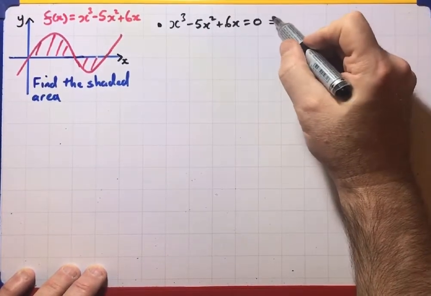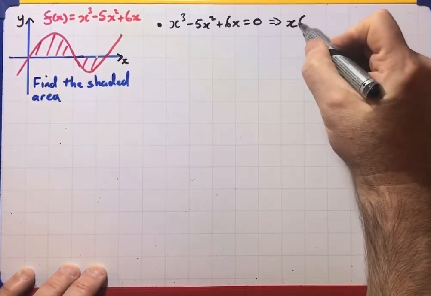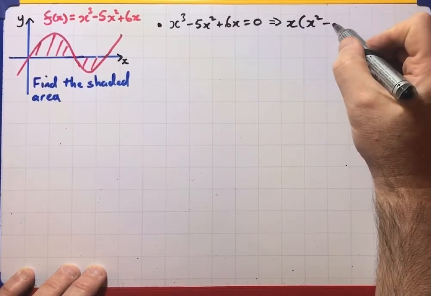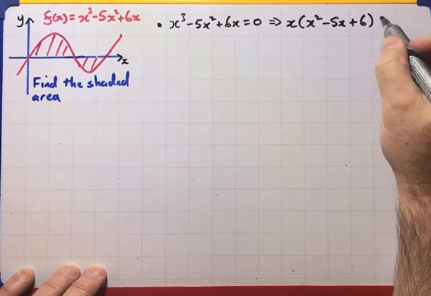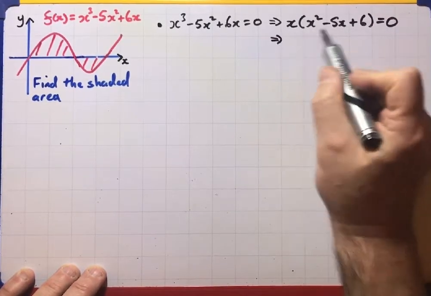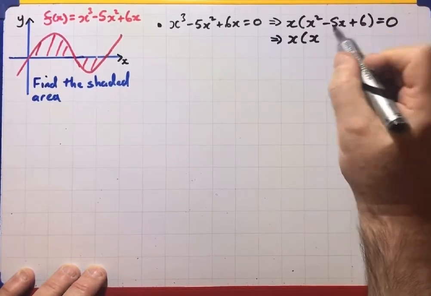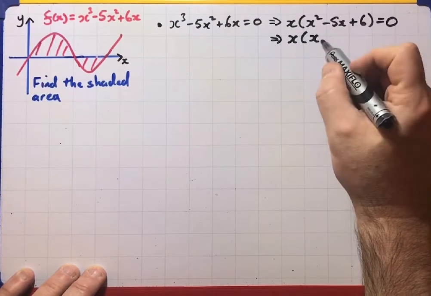You can see it's got a common factor of x first of all, so we can take that out. And then what we're going to have to do is factorize this bit. So you can see it's going to be minus 3 and minus 2 to give us 6 and minus 5.